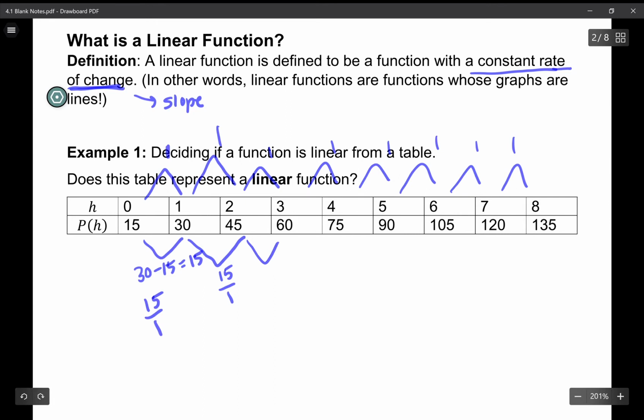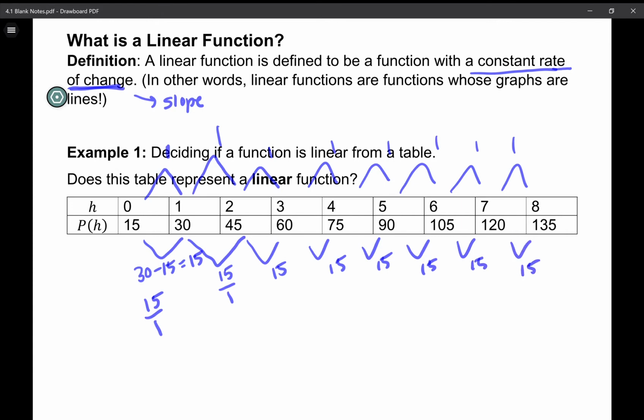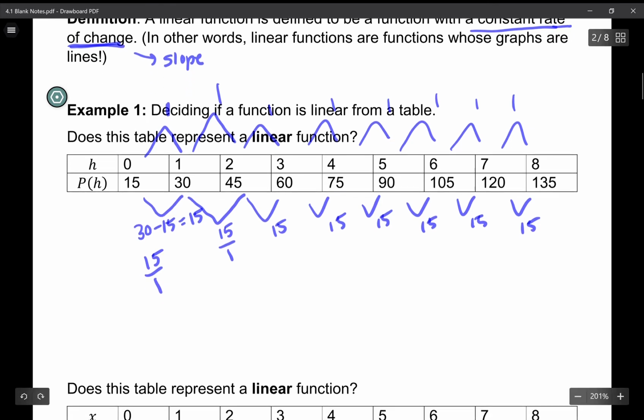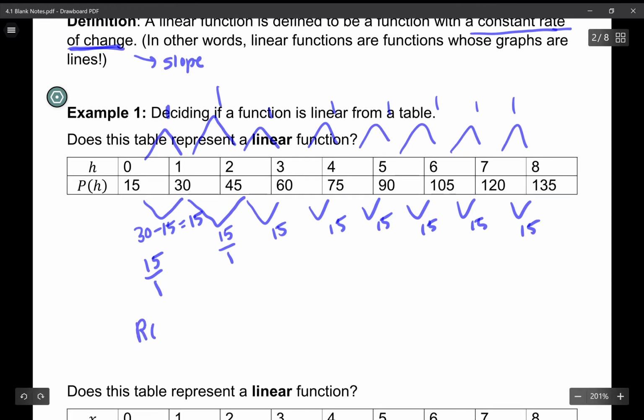And we increment by 15 each time in the output. Don't let them trick you by slipping one in there. So each time we increase the output by 15, we increase the input by 1, so the rate of change is 15. And we do know that this must be a linear function because it has a constant rate of change.